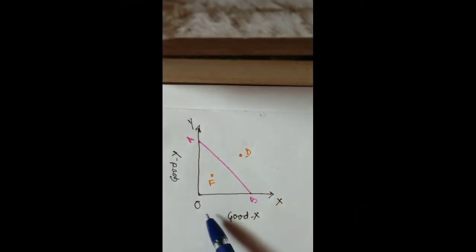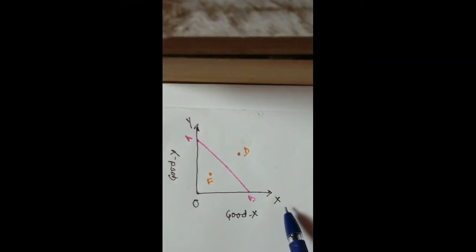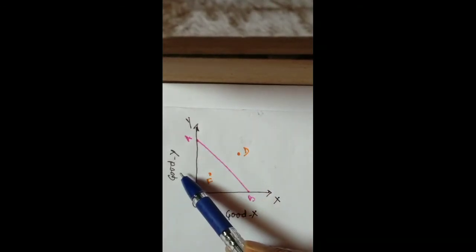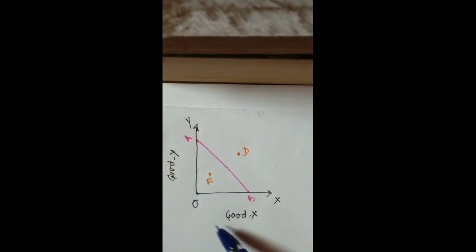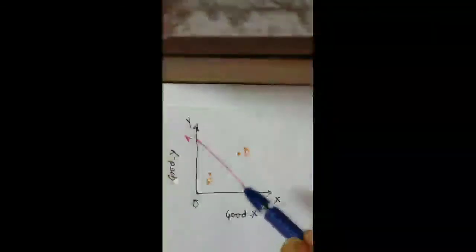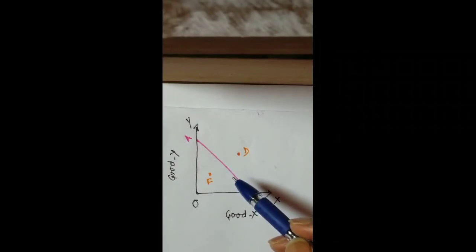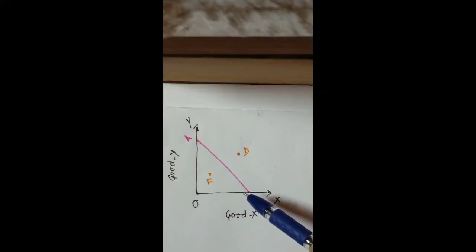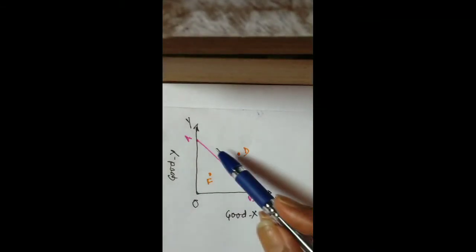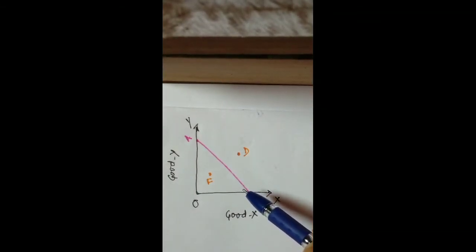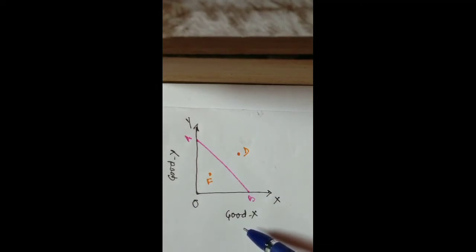The first diagram that I have drawn is showing budget line. Now on y-axis I have shown good y and on x-axis good x. AB is the budget line which shows that any combination which lies on this budget line AB can be purchased by the consumer with his given income and the market prices of the two goods.